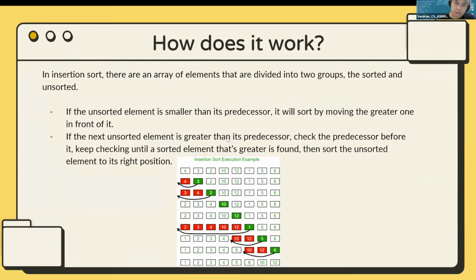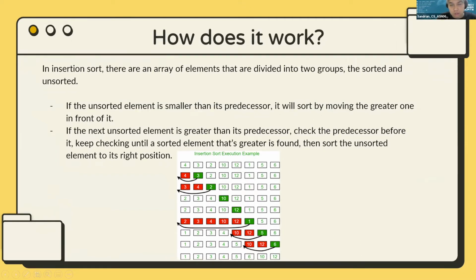So the way it checks, it checks the unsorted value if it's greater or less than, and it will sort itself depending on how big the number is. So say in the example, we have 3 and 4 in line 2. 3 is less than 4. So then it sorts itself by moving it behind 4. And now we have a fixed.